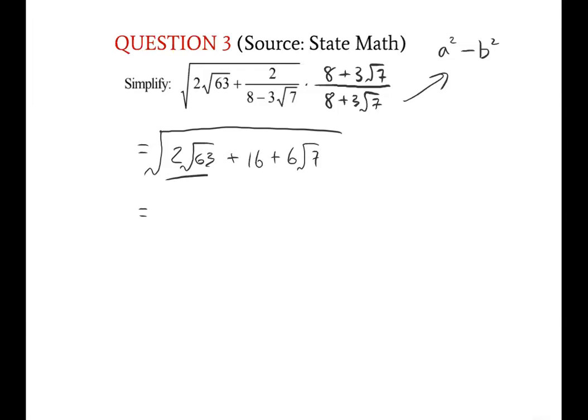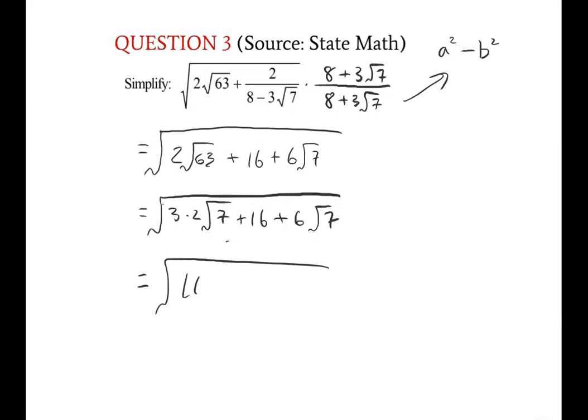So now let's simplify the rest. 63 is divisible by 9, so we can pull out 3 from there. And we'll get 3 times 2 times 7 times root 7 plus 16 plus 6 root 7. Now we can add these two together to get 12 root 7.